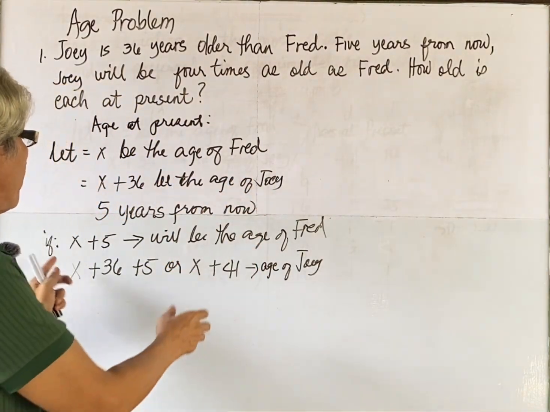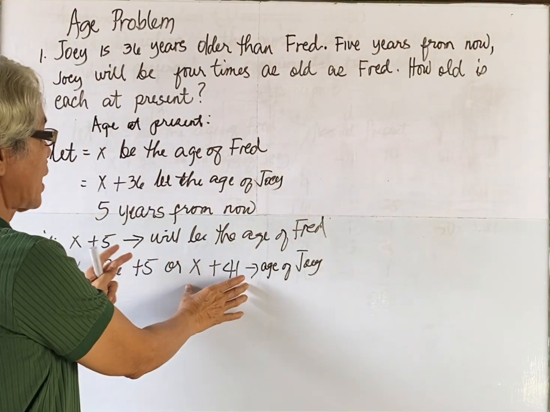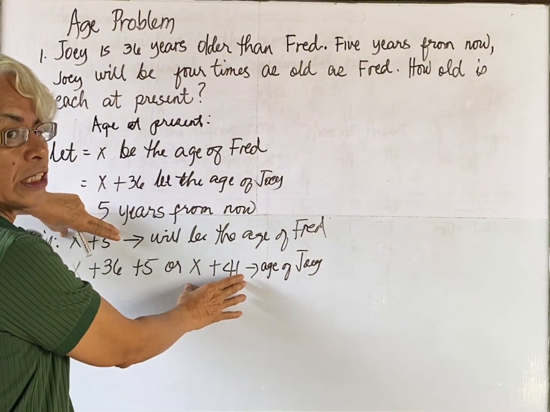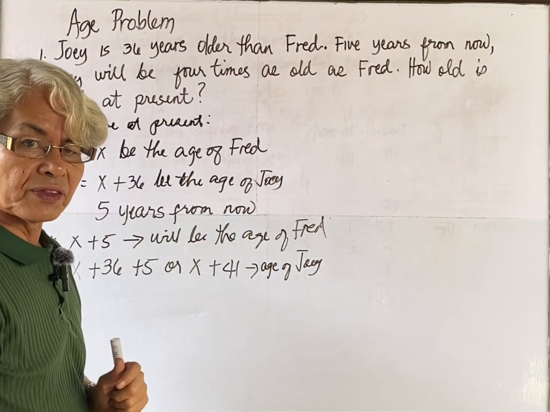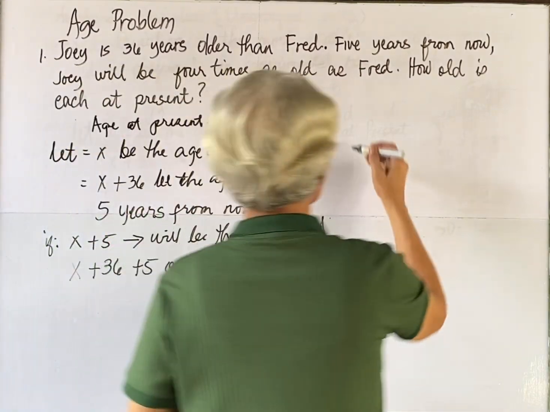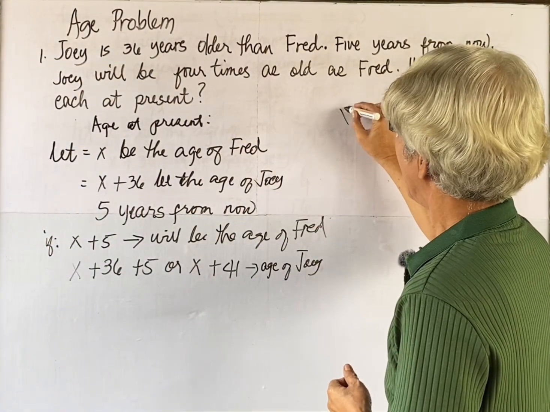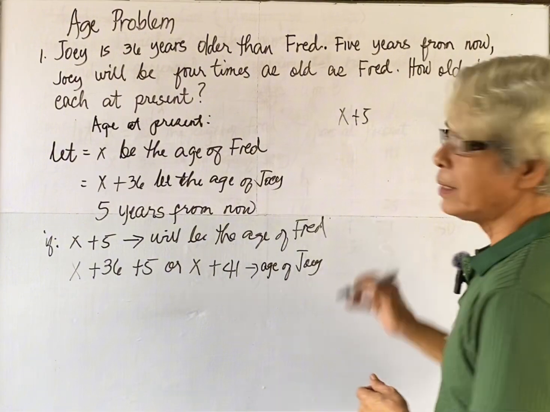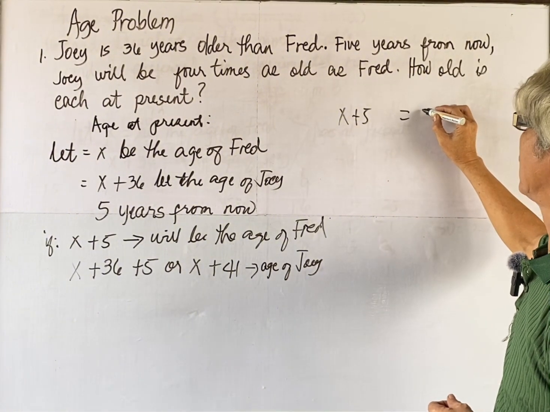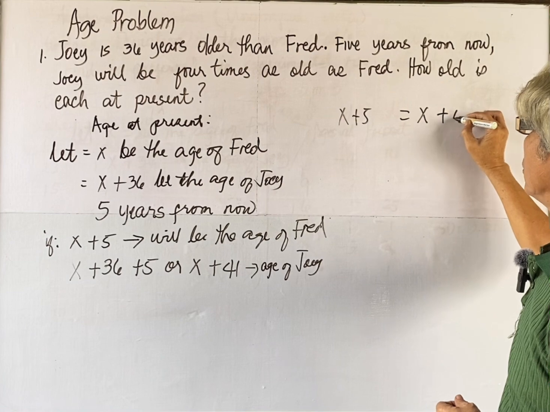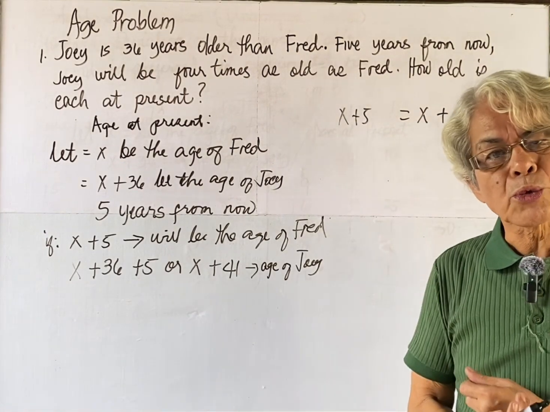So we will use these two algebraic expressions to make an equation. This is the age of Fred, and this is the age of Joey.